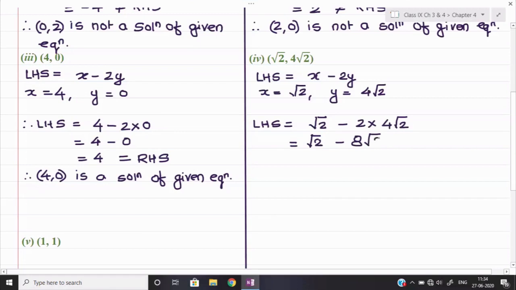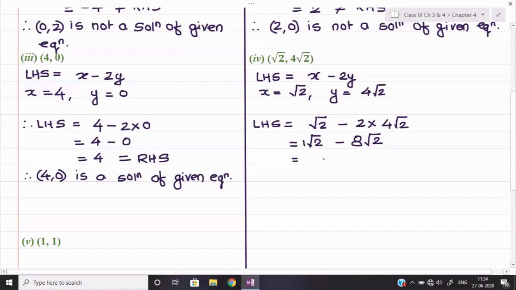Now you observe, in the number system chapter we have already covered the addition and subtraction of these kinds of numbers where square root or cube root comes. See, here also root 2 is coming and here also root 2 is coming. So these are like terms. In this root 2 the coefficient is minus 8, and in the other root 2 nothing is given, so we can assume 1.